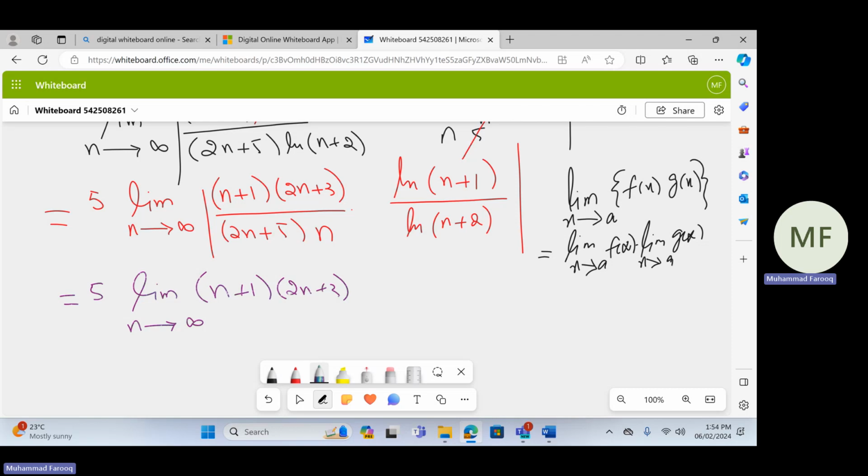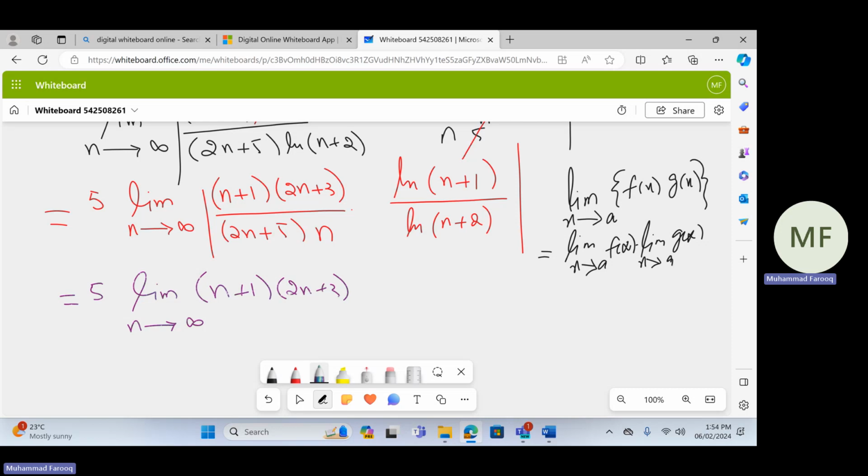And down, square. 2n square. So basically you only get the coefficients. So 2 cancels, means if you apply the limit on that, this will become basically 1. Yes or no? So if you are already familiar that the answer of the limit on this portion is 1, there is no need to do this step, that is fine.